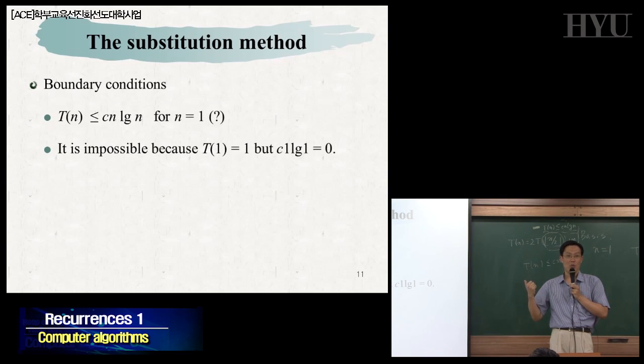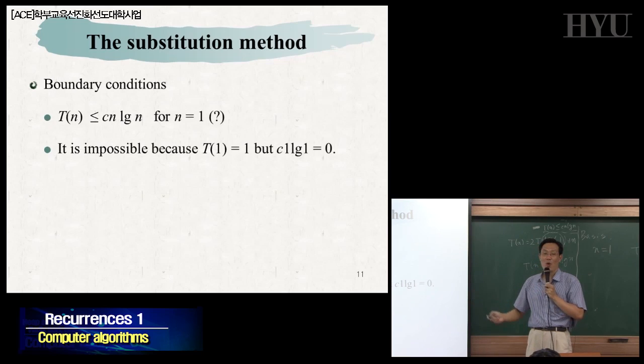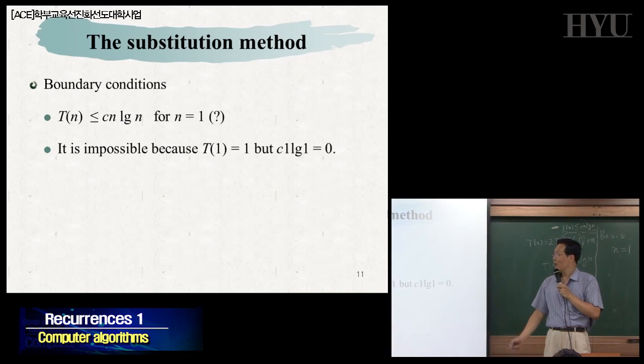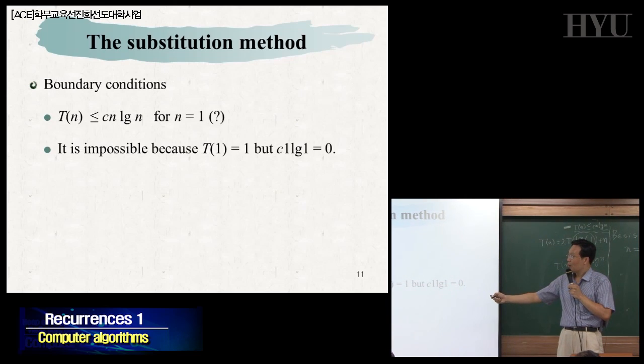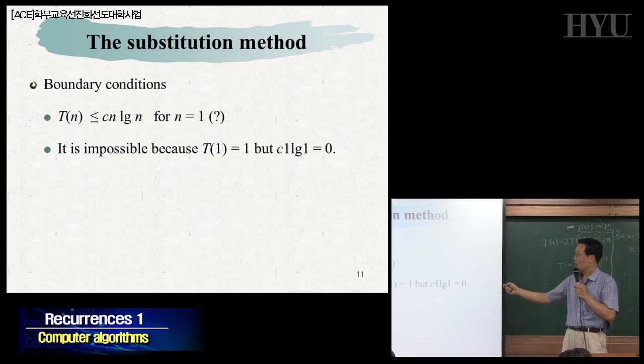But the right-hand side is Cn log n. So when n is 1, the right-hand side is always 0. Okay? So you cannot satisfy this inequality with any value of c. So we cannot satisfy this when n is 1.